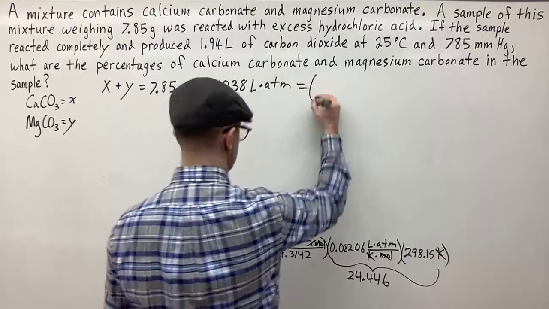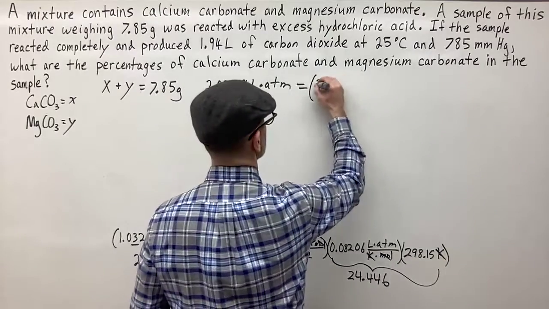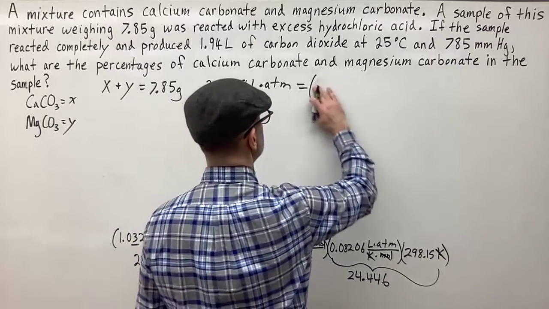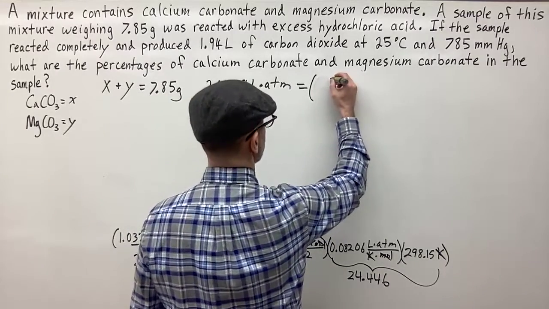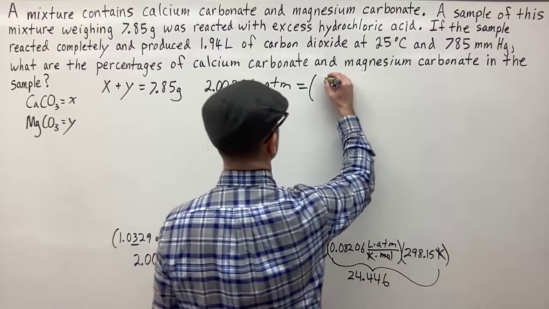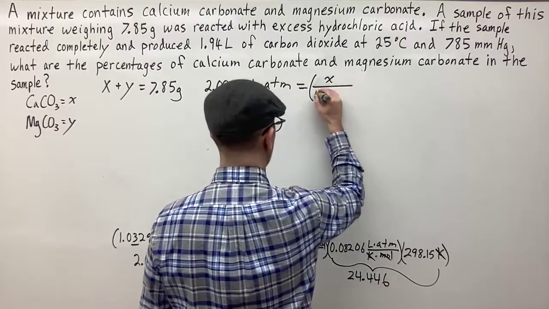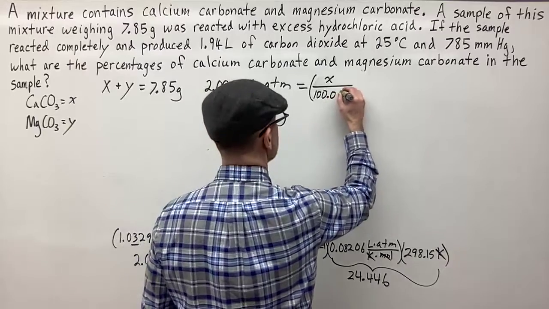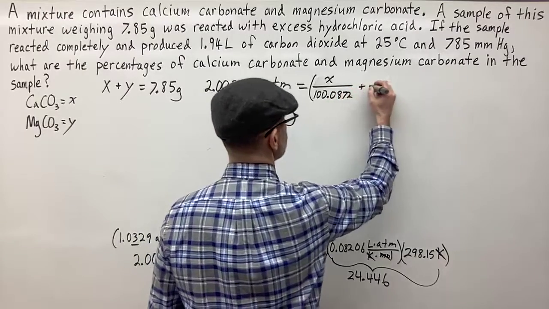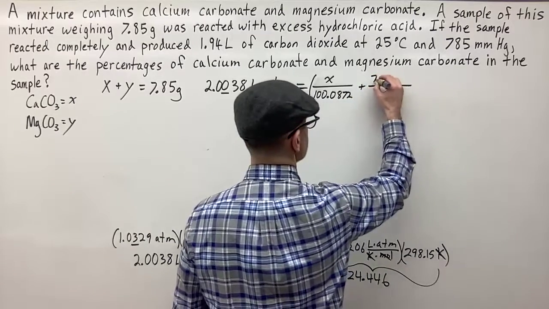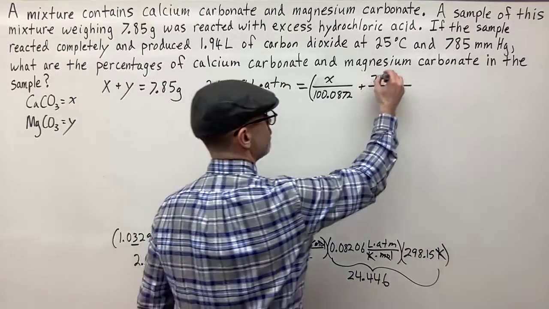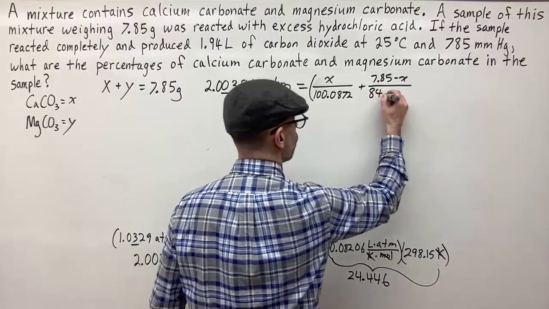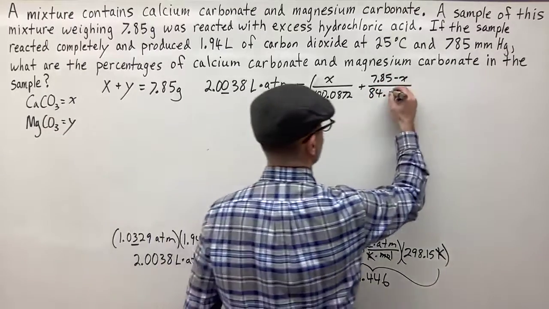So I'm going to rewrite this. So X moles. Well, the moles are canceled out, so it's just X. So X over 100.0872 plus, and then it's going to be 7.85 minus X over 84.3142.